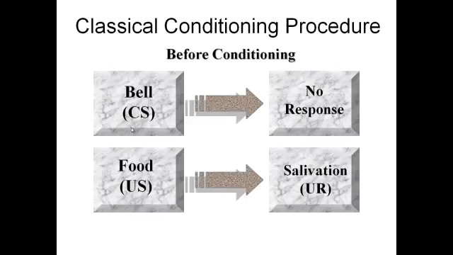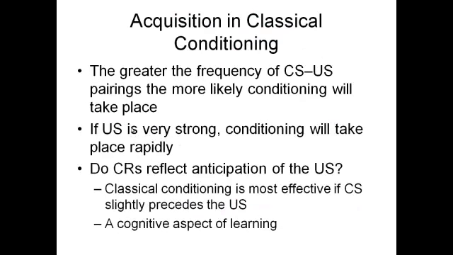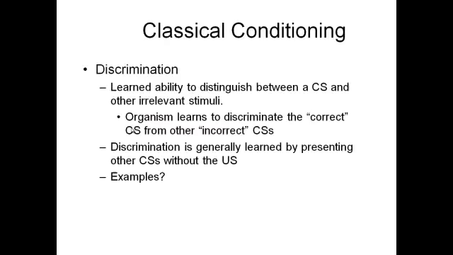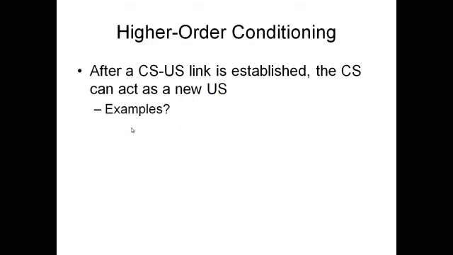Now let's go back to the concept of higher order conditioning here. Go back to my student who had said that she drove her child to the doctor, and her child started getting nervous and started complaining when she got off of the highway at the exit ramp to go to where the doctor's office is.